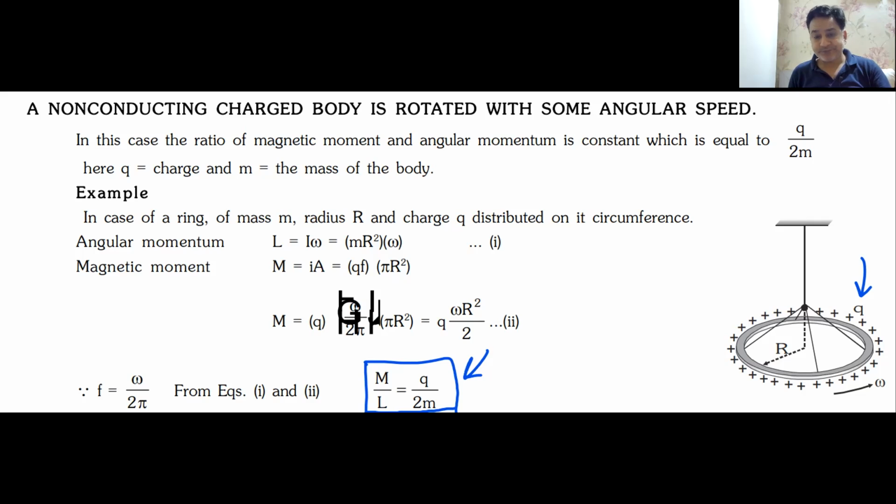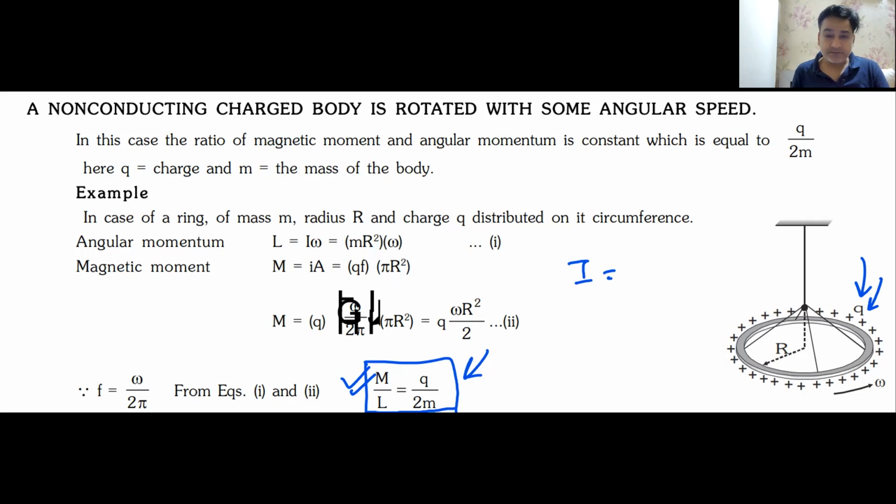Now remember, apart from remembering this one, you must remember that this rotating body is also like current, and you can easily find the current which this body is producing. For example, if a ring of radius r and charge q is rotating with an angular velocity omega, what will be the equivalent current?